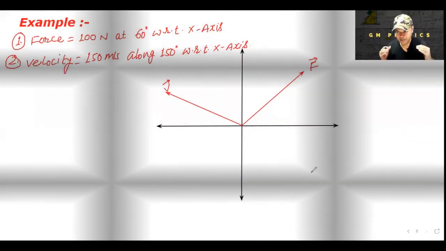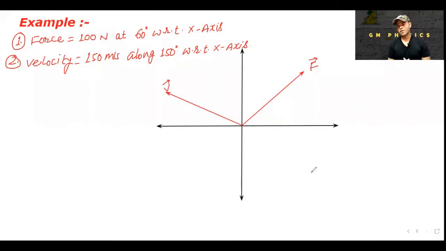All right, so let's look at an example of resolution of vectors. Here are two vector quantities. One is force of 100 newtons inclined at an angle of 60 degrees with respect to x-axis, and another vector quantity is velocity vector, whose magnitude is 150 meter per second and direction is 150 degree with respect to x-axis.